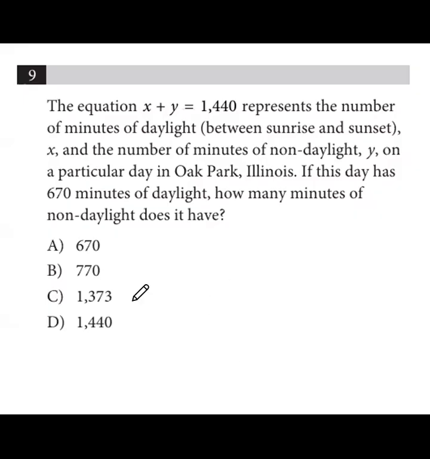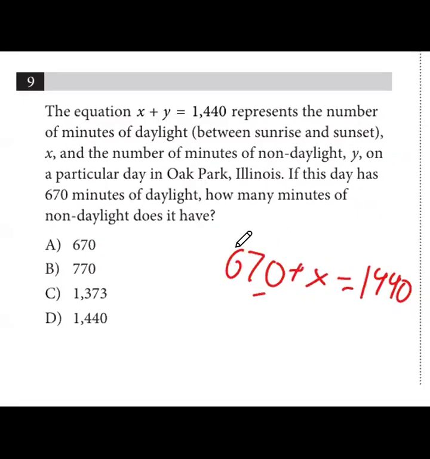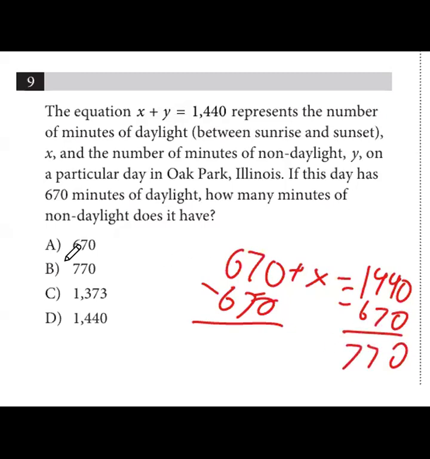So just find the other variable. In this case, 670 plus whatever the other variable is equals 1440. Subtract 670 from both sides, and that gets us 770. The correct answer is B.